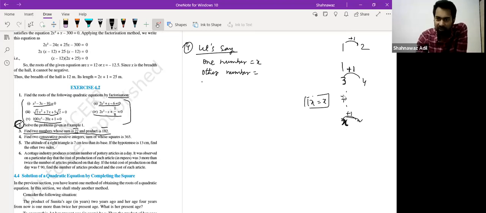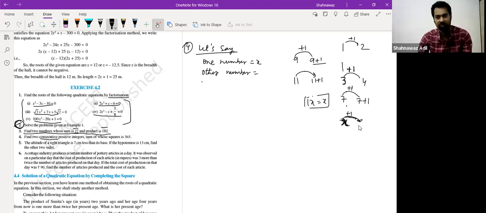Just see this example. If one number is 7, the next number is 7 plus 1. If it is 9, the next number is 9 plus 1. If it is 11, the next number would be 11 plus 1. So if the number is x, the next consecutive number would be x plus 1, right?